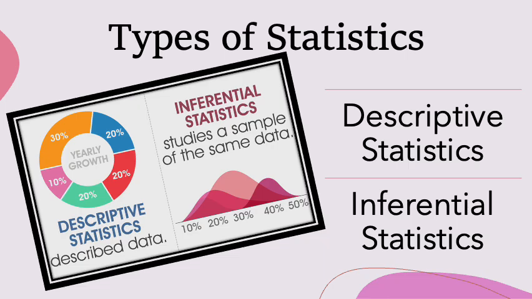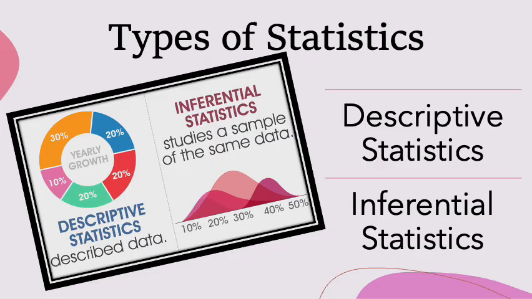And in this course, we're going to discuss the 2 different types of statistics: descriptive statistics and inferential statistics. Just as the terminology states, descriptive statistics describe or depict the data. Descriptive statistics include measures of central tendency and variability.